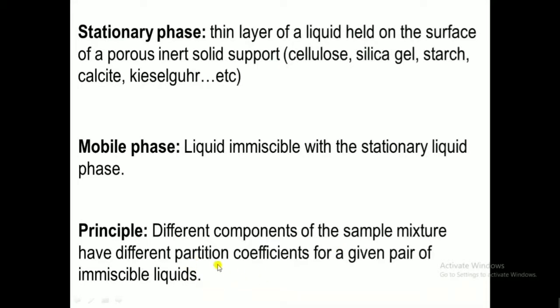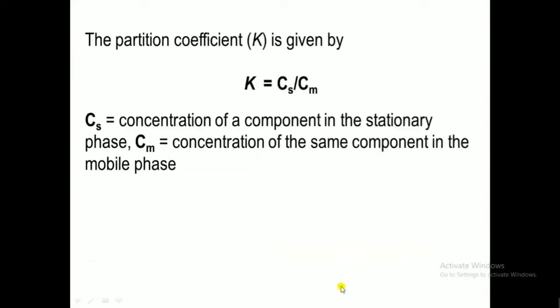So the partition coefficients are different for the different components in your mixture, and based on that difference, the components get separated when the mixture passes through the stationary liquid phase.